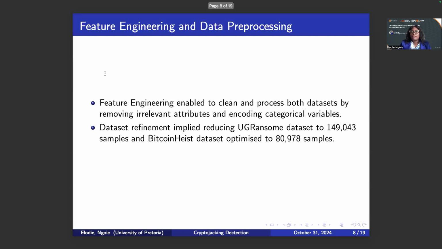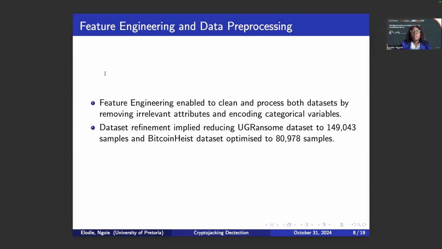Moving on to the next is our feature engineering phase and data processing. In this phase, we cleaned and processed the data, removing irrelevant attributes and encoding the categorical variables, because most of the algorithms take mostly integers.